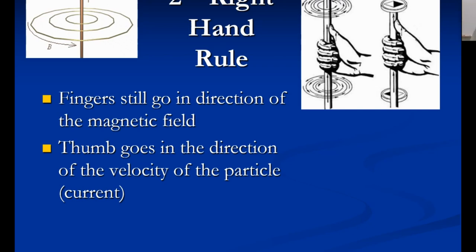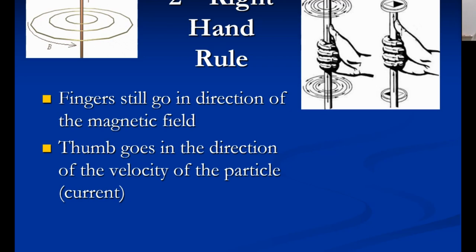So I have this wire, and if the current is going towards the ceiling, then I'm still going to take the direction of the current, which is my thumb, and point it towards the ceiling. My fingers are still going to be the direction of the magnetic field, but if I grab the wire in the direction that the current's going, then my fingers tell me the direction that the magnetic field is going around that wire.